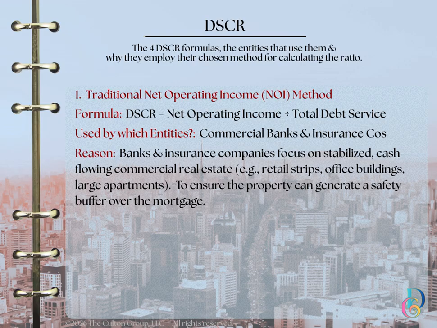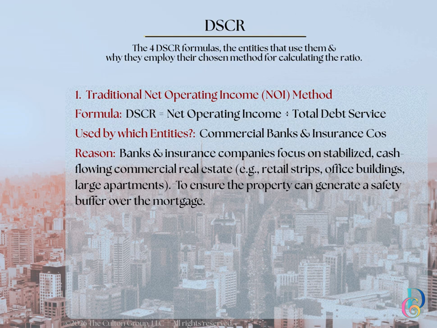Okay, you were just introduced to the 4 methods of calculating DSCR, and now I'm going to take you through the method, give you the formula, and tell you which entities use it and why they use it. As we go further into this, I'll do this for each method. Then we'll do the calculation for each method so you can see how they differ.